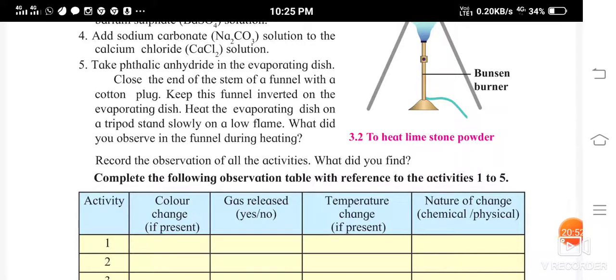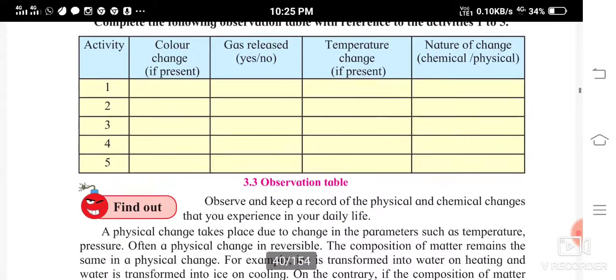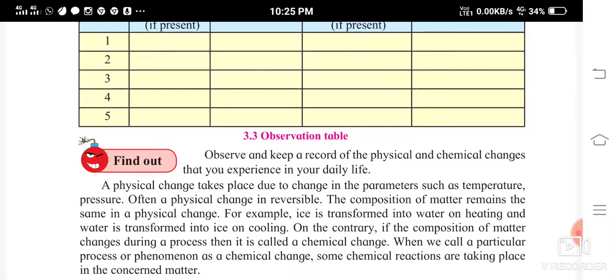So here only a physical change is there. There is no chemical change. And gas has been liberated. You can see carbon dioxide gas has been liberated in this case. See, I have explained to you all these activities. Now record your observations in this table and complete the following table.